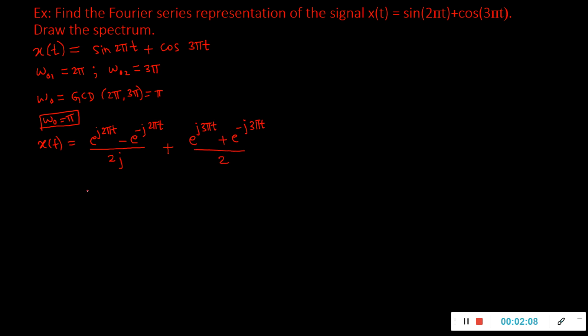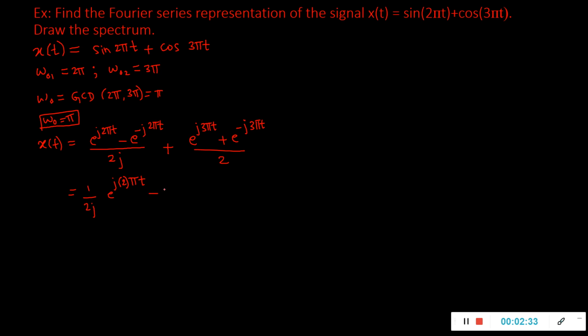I want to rewrite this equation as a combination of separate terms. The first term is 1 by 2j into e raised to j. I know that omega naught is equal to pi, so I'm going to rewrite them in terms of k times omega naught t. So I will write it as j into 2 into pi t. So obviously the value of k is now 2.